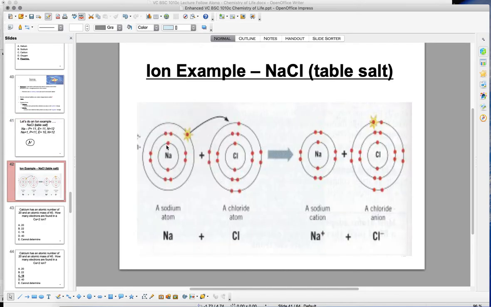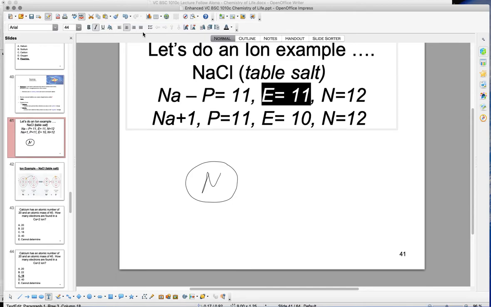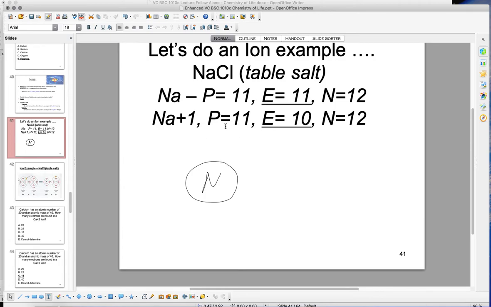So if we look here, we have 1, 2, 3, 4, 5, 6, 7, 8, 9, 10, 11, so it's 11 electrons. But now it gave that 1 electron away, so in Na plus 1, it only has 10 electrons. This is the key when we're looking at our electron number. That's why it is now plus 1, because it is more positively charged, with protons compared to the electron negative. So it's plus 1 because it's more positively charged.